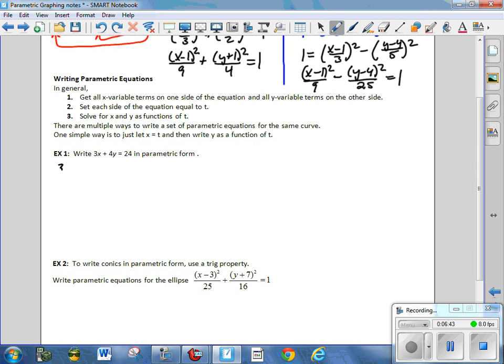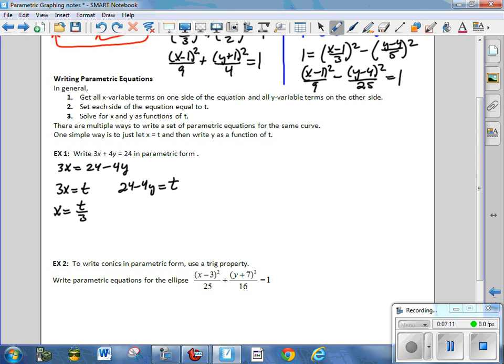So for example, I could say 3x is equal to 24 minus 4y. And I could set each side equal to t and say 3x equals t and 24 minus 4y equals t. Since they're equal to each other, they're both equal to another variable t. And then I would just have x equals t divided by 3.